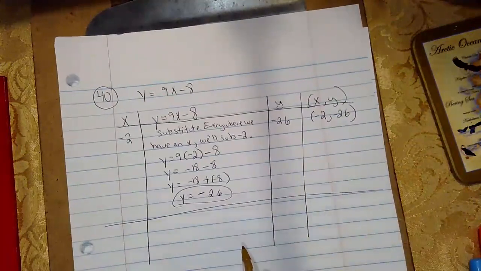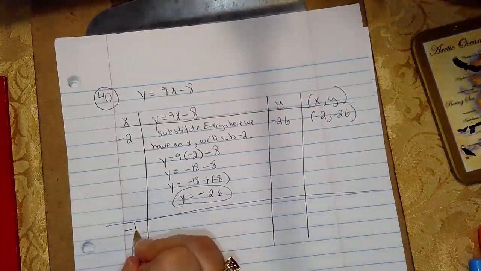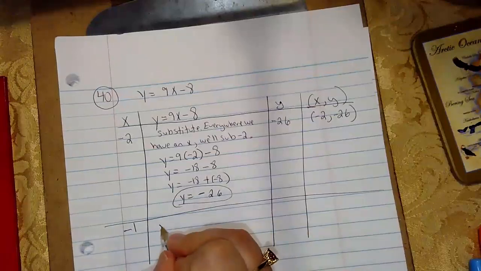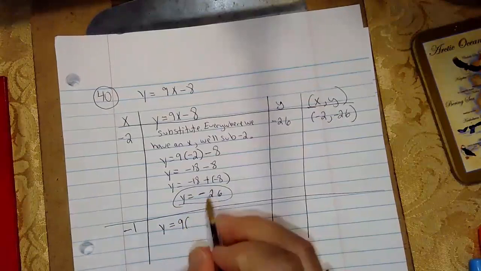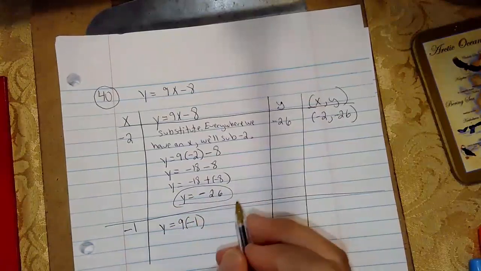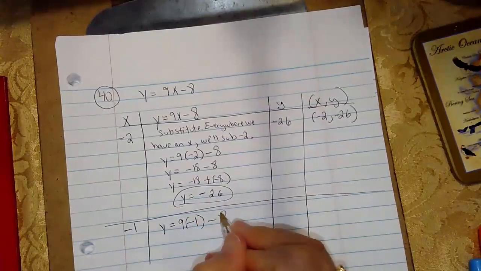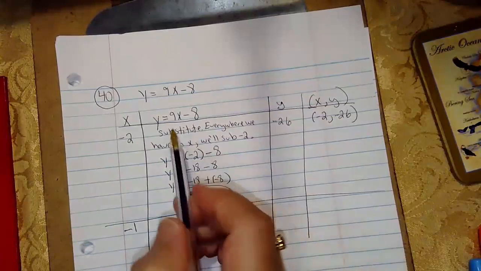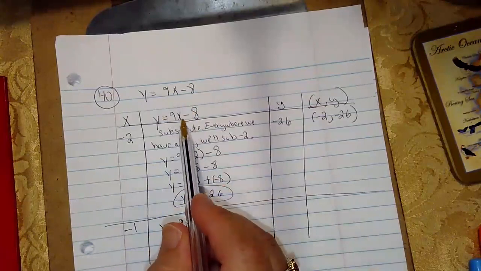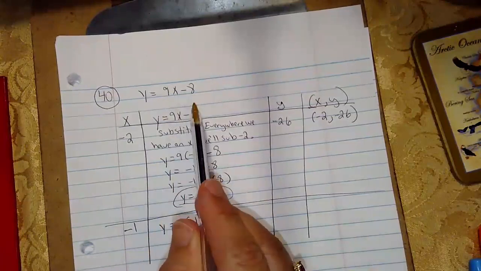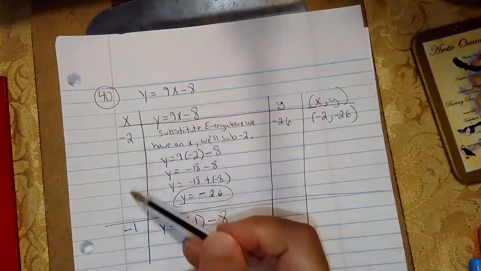Okay, then the next value they have is -1. So y is equal to 9 times x, and x is now -1, minus 8. You get that from this equation. This is what was given to me. Remember, my test was generated, so I'm sure you have a different equation, maybe even different values here.